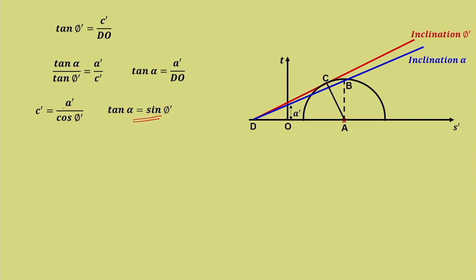So, it will be C dash is equal to A dash by cos phi dash. So, the slope of the failure line of the T S dash plot is tan alpha, and that is equal to sin phi dash. So, what we have done? We have defined the Kf, or slope of the failure line, of the T S dash plot.